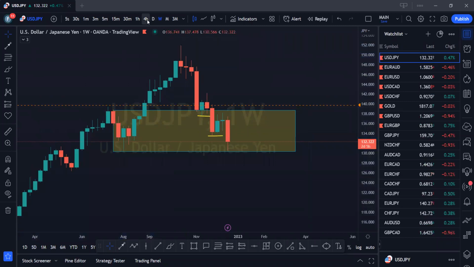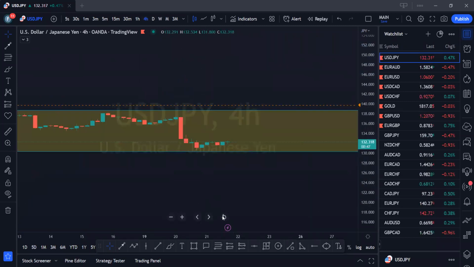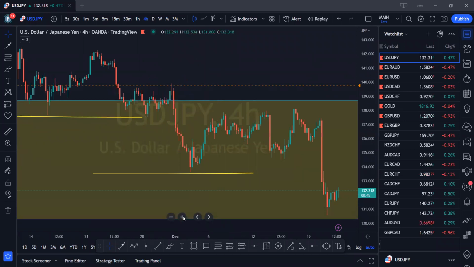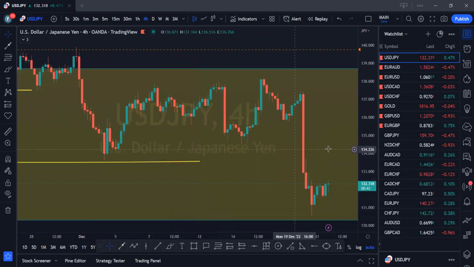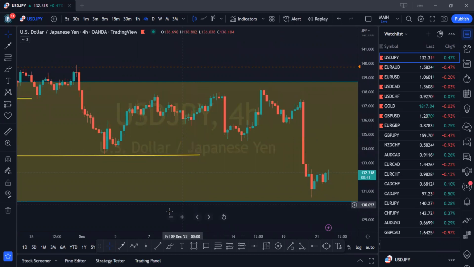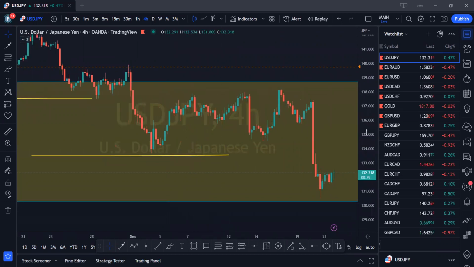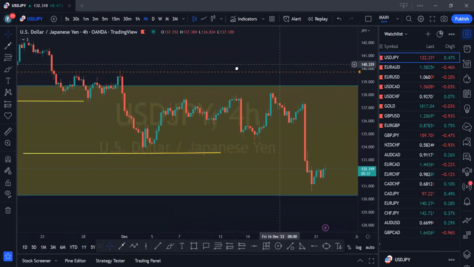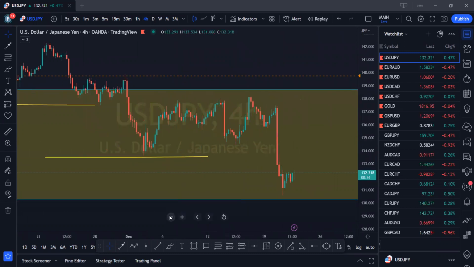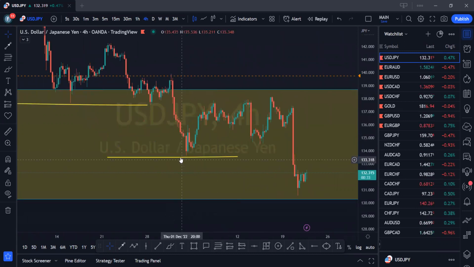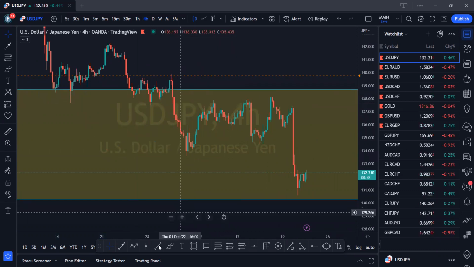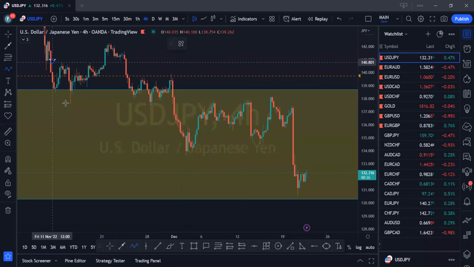So let's go to the 4-hour time frame. If we are taking entry based off of market structure right now, what do we have here? Let me delete this. What we have here is very, very simple. You can see price trending down.